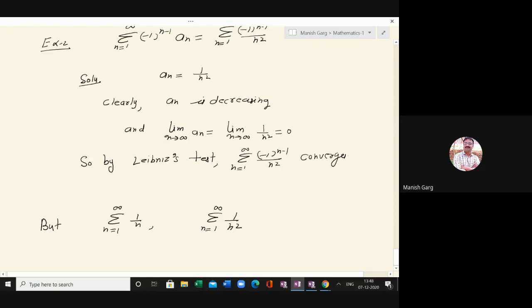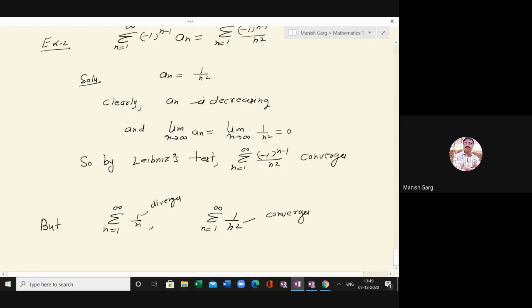But this diverges and this converges. So here the alternating series converges, but in one case, if you take the series of positive terms, it diverges, and the other converges. The question arises, what is this?